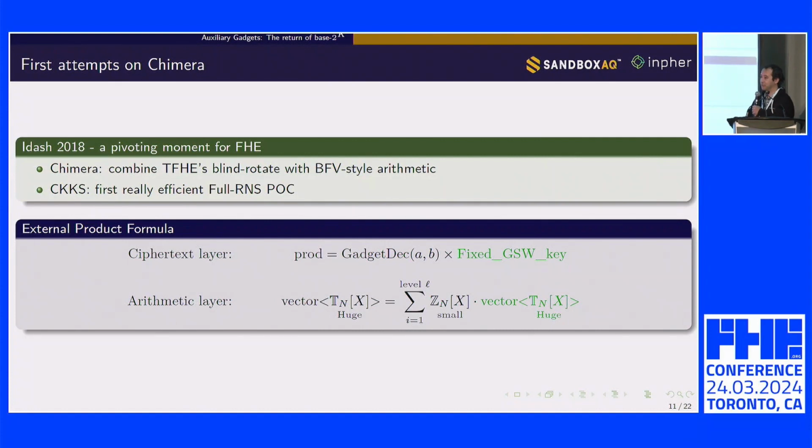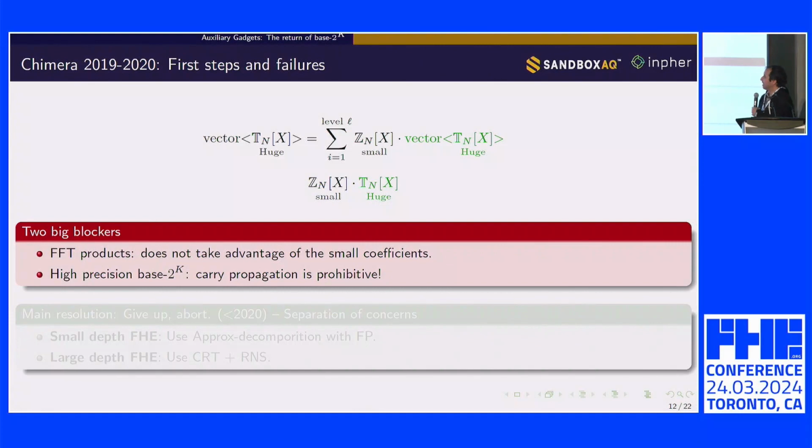So it can be on the torus or in big integers if you don't like the torus, but I prefer the torus. And here were the big blockers that we had at that time. So we had to do a linear combination where we had a lot of multiplications of small integer things times big precision.